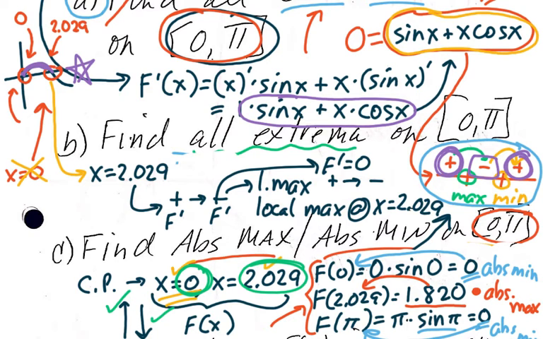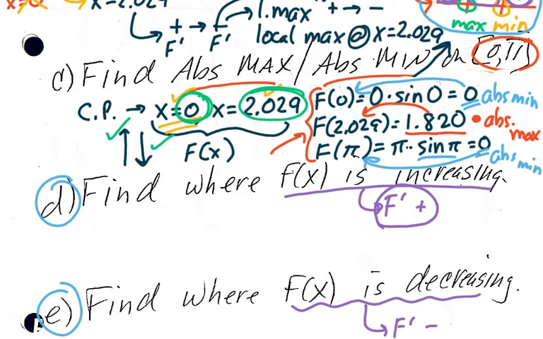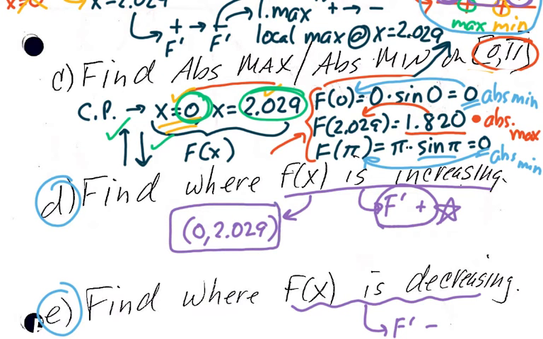And that is from x equals 0 on the left. And where did it stop? Oh, that's got to be my 0, right? So 2.029. That's where my derivative is above the x-axis, where my derivative is positive, so that's where my original is increasing. Oops, 2.029. There you go. My original function is increasing where my derivative is positive.